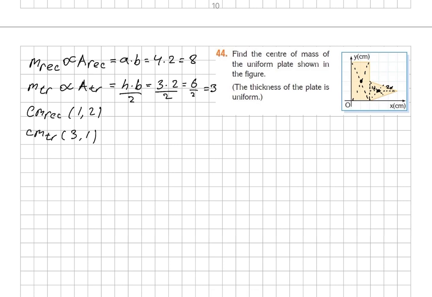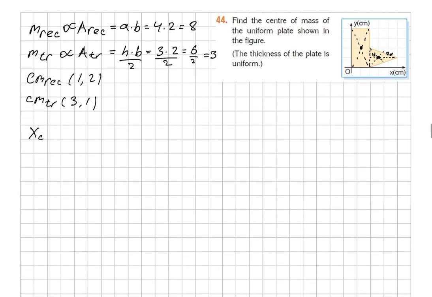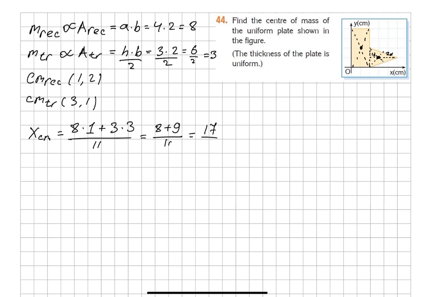Now we know the mass and we know the coordinates. Now we can just make the equation here. So xcm will be equal to 8 times 1 plus 3 times 3 over total mass is 11, which is equal to 8 plus 9 over 11 is equal to 17 over 11 centimeters.